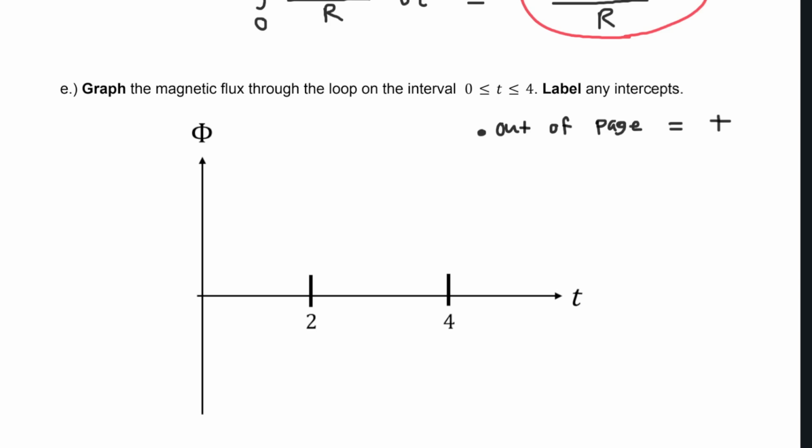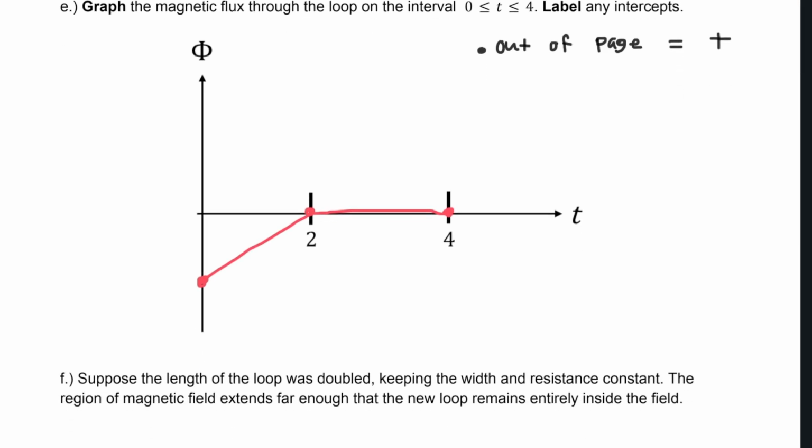But after 2 seconds, there's no magnetic field, so there's no magnetic flux. That was just given to us in the problem. It was also given to us that the magnetic field started at some negative value, because we were given into the page field here, and it decreased linearly in magnitude. So we just get this graph.